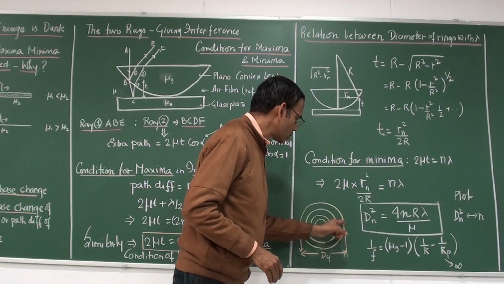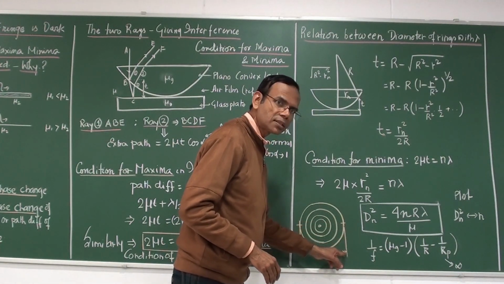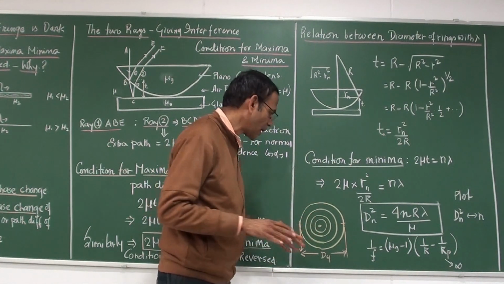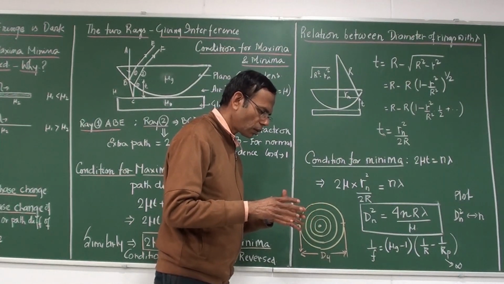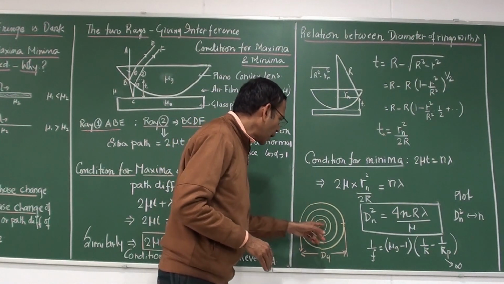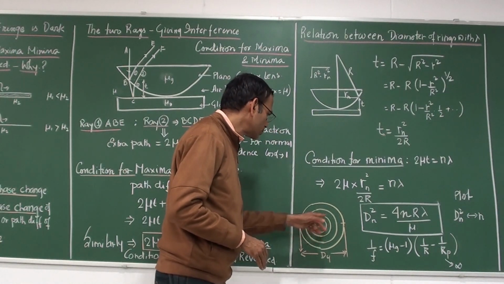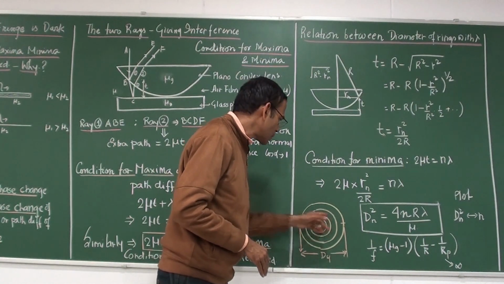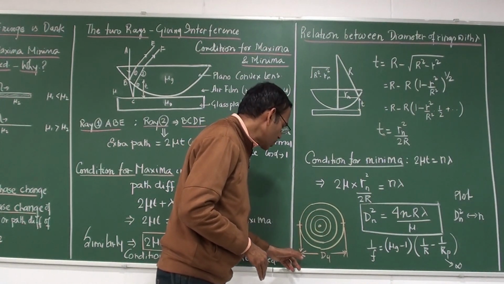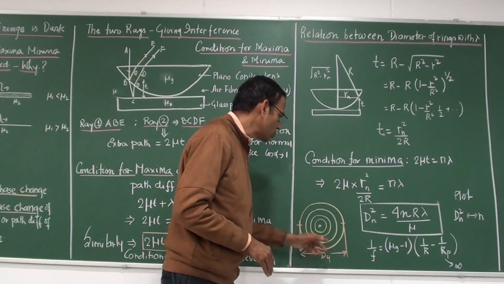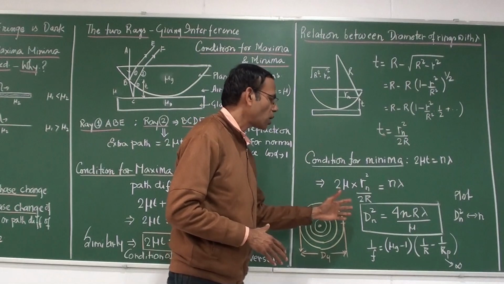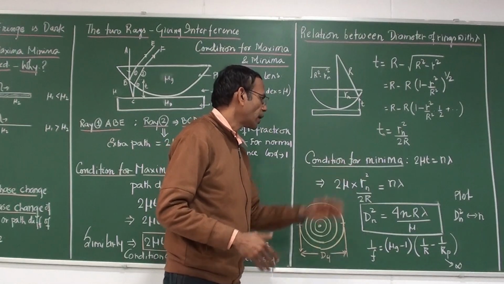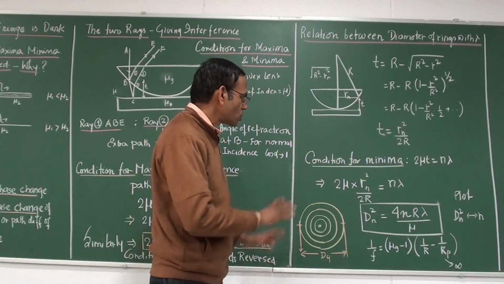So focus your crosswire over here, measure this position using your telescope and the traveling microscope arrangement that we see in the lab, and again you bring back your crosswire to the same ring on the other side. So again you measure this point. The difference of that will give you the diameter of the fourth ring. That is how you can measure the diameter of the 4th, 6th, 8th, 10th, 12th ring, like that, and you can plot the graph. So this is all about Newton rings.